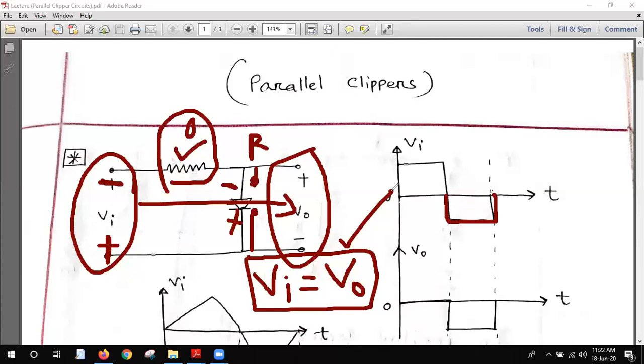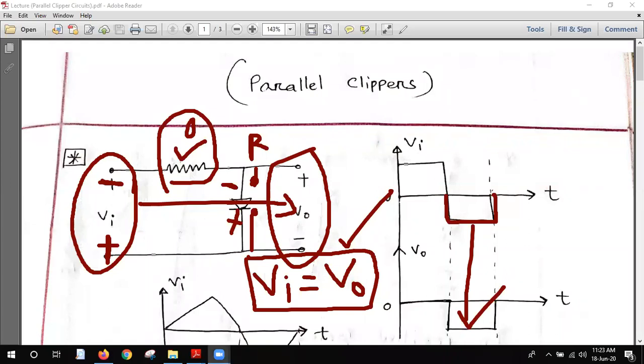Whatever input we are giving, we are getting at the output. There is no voltage drop in the resistance anywhere because there is no current flow, my student. So the output is following the input.